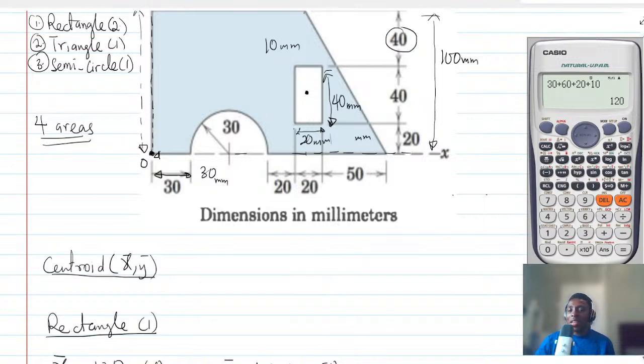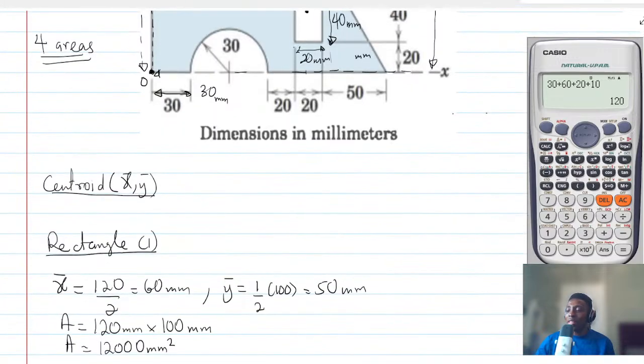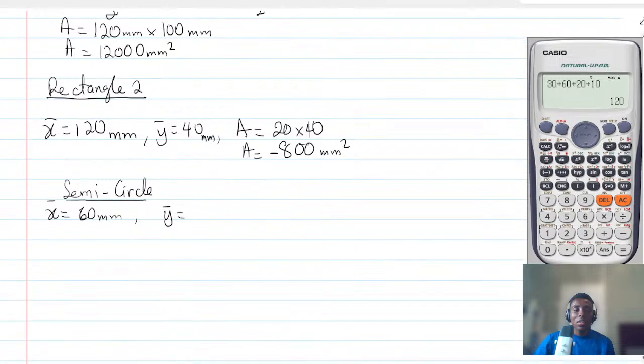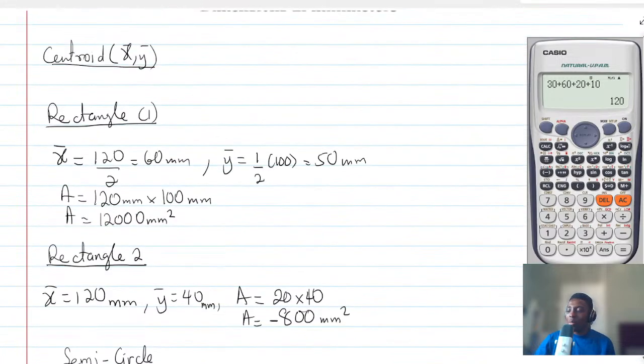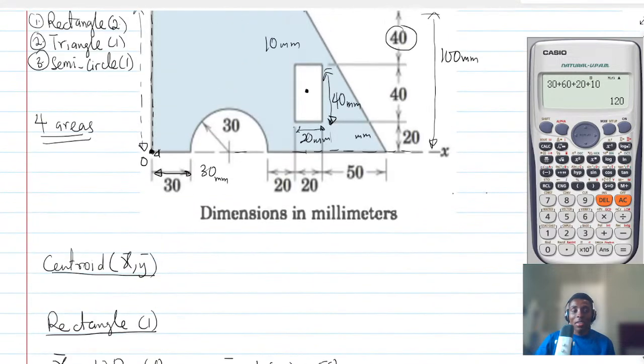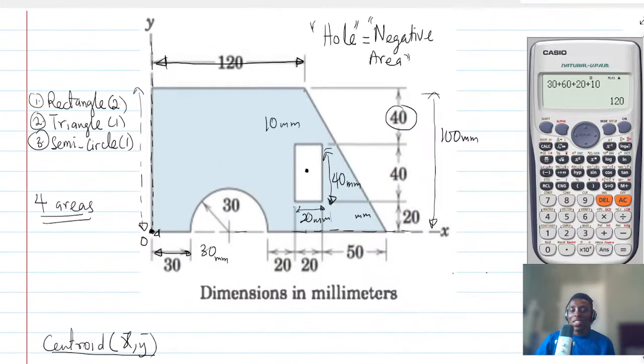Yes, the area is 800, but we will have to negate it. Okay. So it's 60, yes. But wait. Before you can look at the Y bar, please, everybody pay attention here.